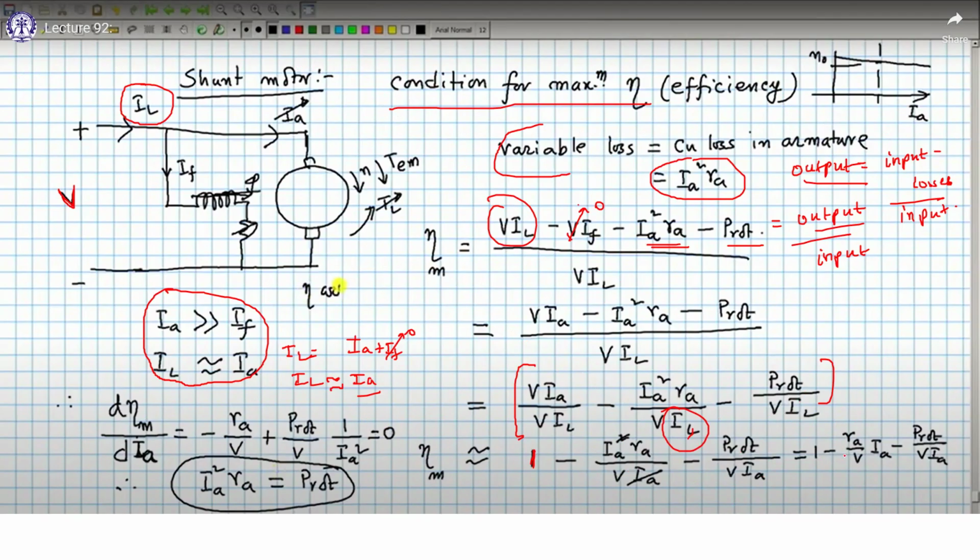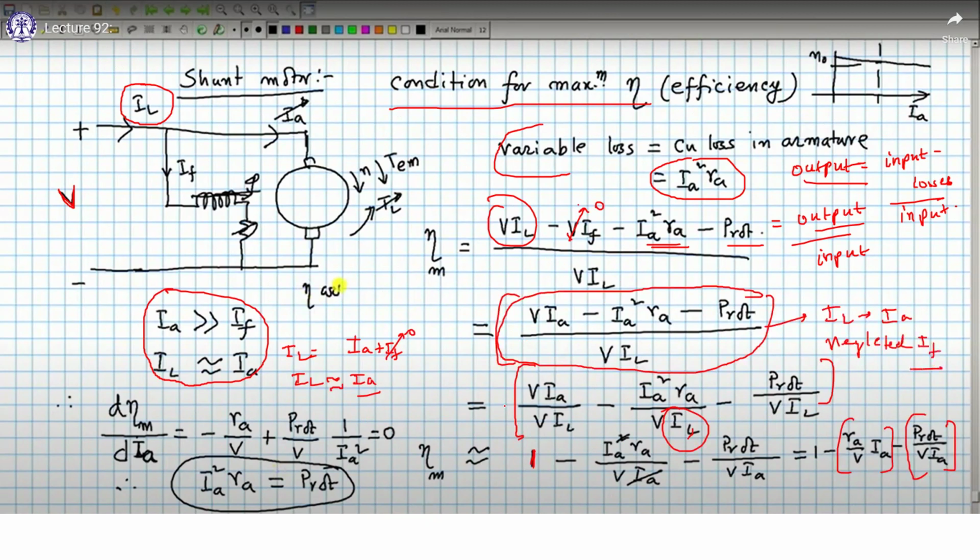So it becomes 1 minus RAIA by V minus rotational losses by VIA. In this whole expression, I am just replacing IL with IA, and here I have neglected IF.